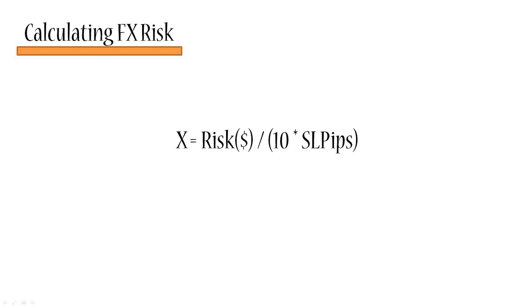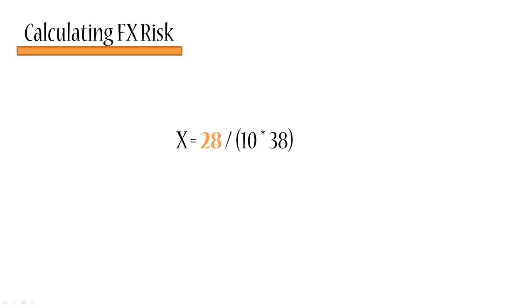So the risk, as we discussed, we'll be setting at about 5% of our balance, which is 5% of $556, and that equals $28. Let's put that into the equation. The last thing we've got to input is the stop loss in pips, and that's about 38 pips. So let's input that now.